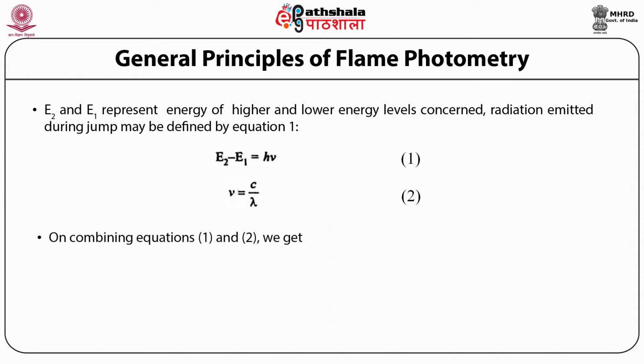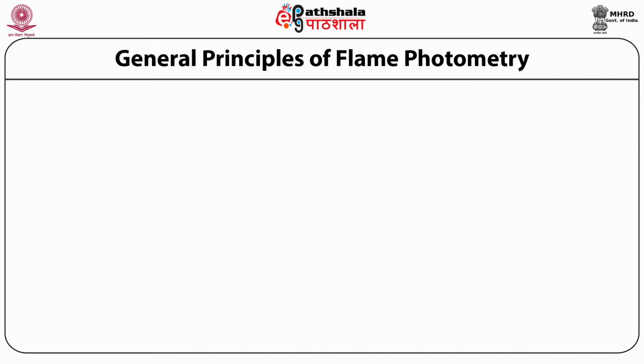On combining equations 1 and 2, we get E2 minus E1 is equal to hc upon lambda, and lambda is equal to hc upon E2 minus E1. From this equation, one can calculate the wavelength of the emitted radiation, which is characteristic of the atoms of the particular element from which it was emitted.